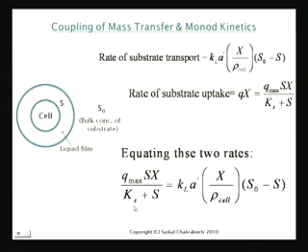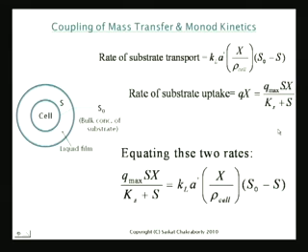So this is my basic equation: q max S X divided by Ks plus S equals kLa prime X over rho cell times S naught minus S. Done?